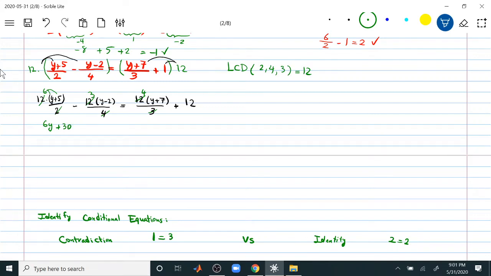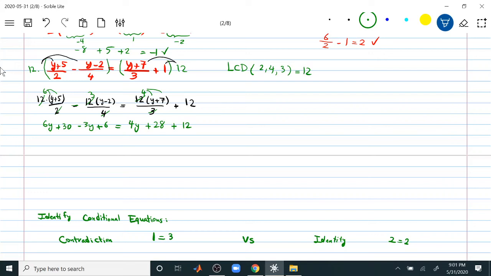Negative 3 times y. Do not forget the negative sign. Negative 3 times y is negative 3y. Negative 3 times negative 2 is plus 6. You should consider this negative with the 3. On the other side, we have 4 times y, 4y, 4 times 7, 28, plus 12.